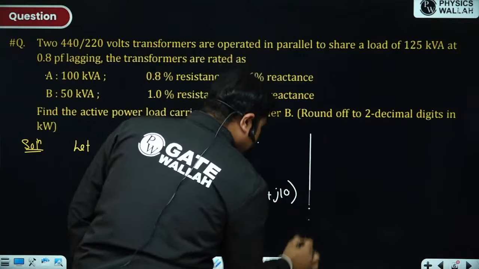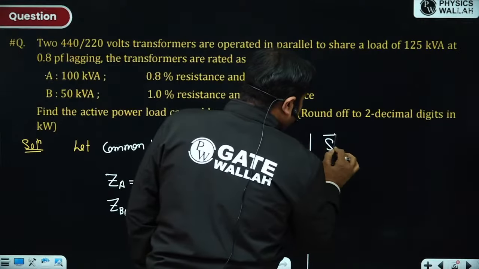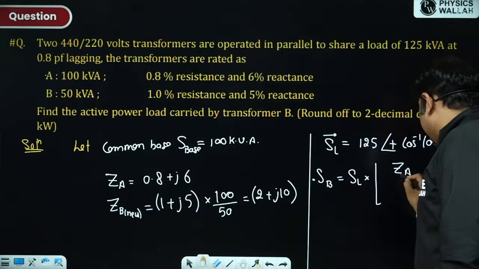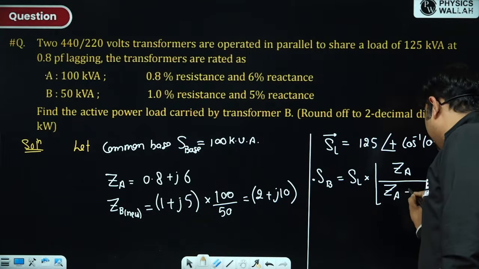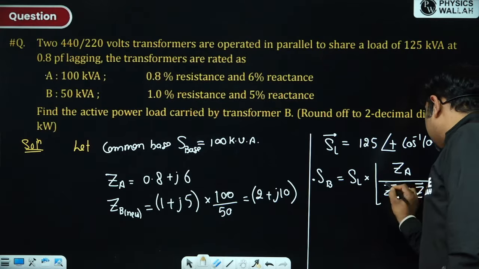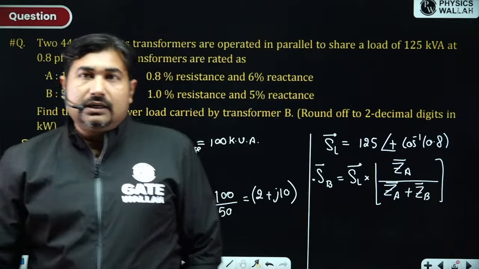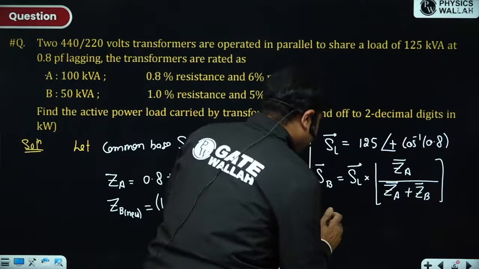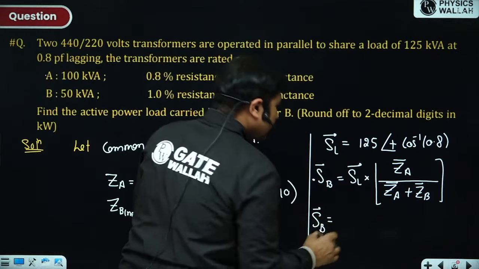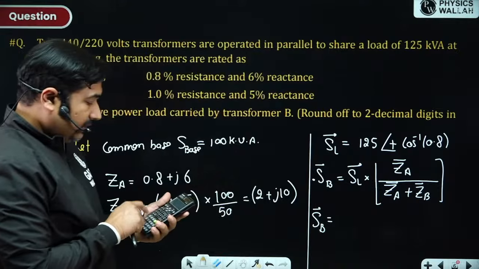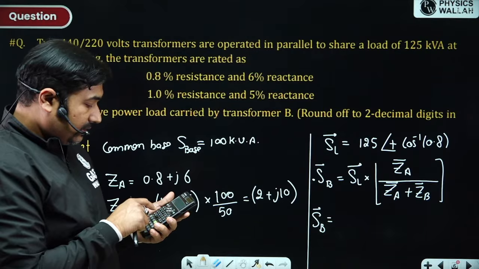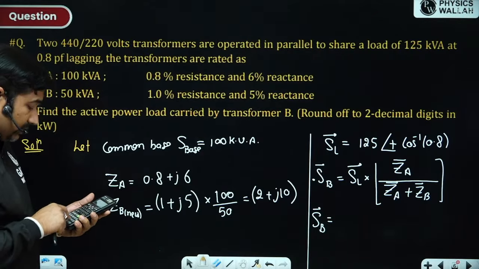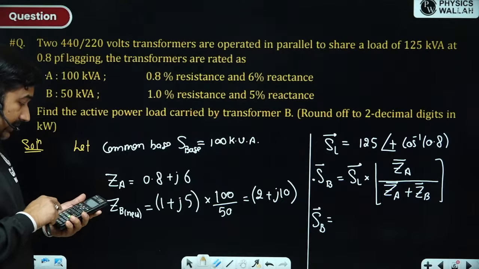Now you can calculate, load kVA is given to you: 125 kVA at an angle, upon ZA plus ZB. Is it okay? Yes, sir. So now when we put the values, SB will become 125 at an angle of cos inverse 0.8.